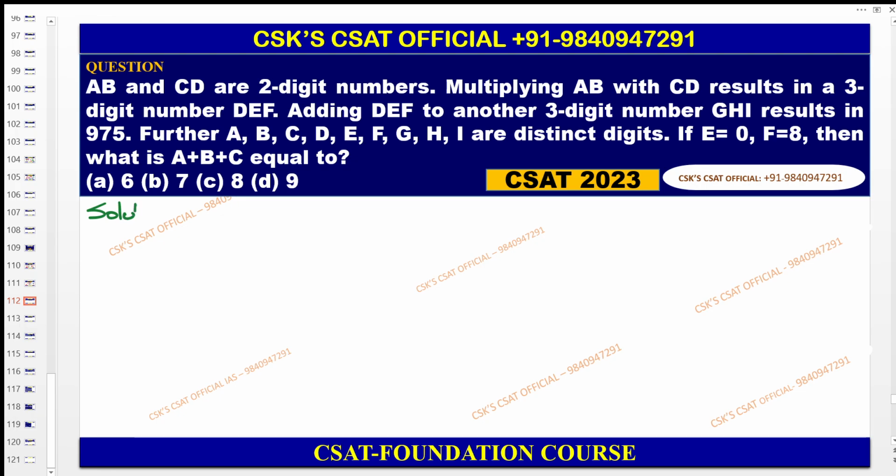Okay, so now let us see this question here. It says that AB and CD are 2-digit numbers. Please take note of these things, the data are very important. Then when AB is multiplied with CD, the resultant is a 3-digit number.